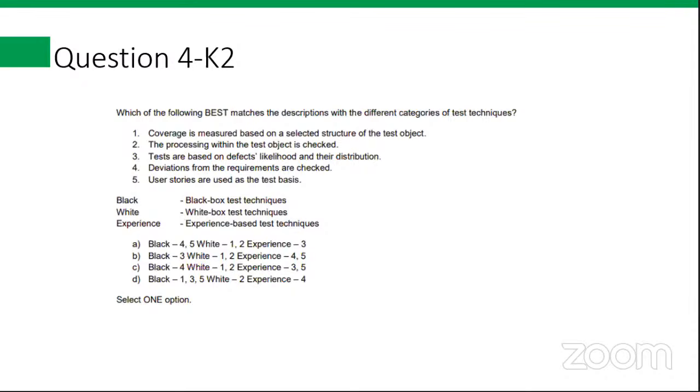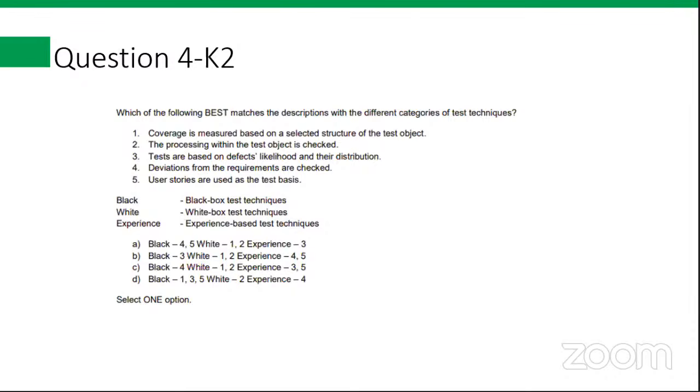So definitely one would come under white box testing, because had it been black box testing, it just takes into consideration the input and the output. It's not bothered about what is exactly within the test object or what the code is, etc. So option 1 is an example of white box testing. Going next, the processing within the test object is checked.